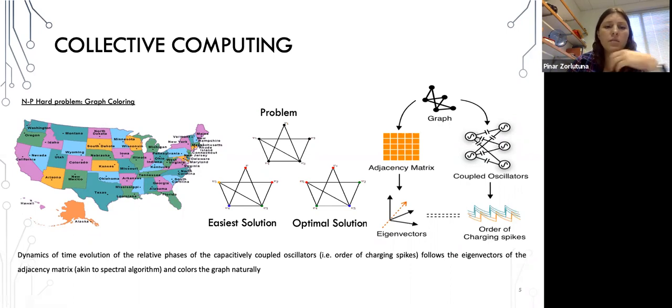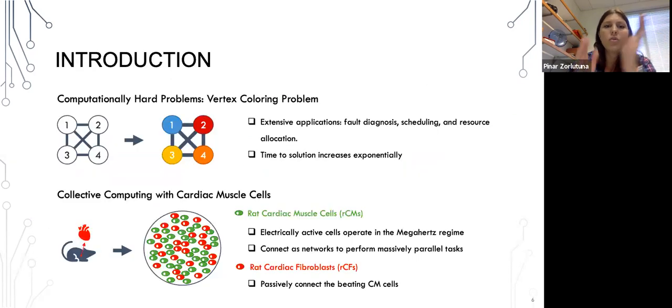So I will show you how we fabricated these devices using heart muscle cells as a potential new platform or medium to be used in collective computing applications, in addition to the current ones that have already been explored.